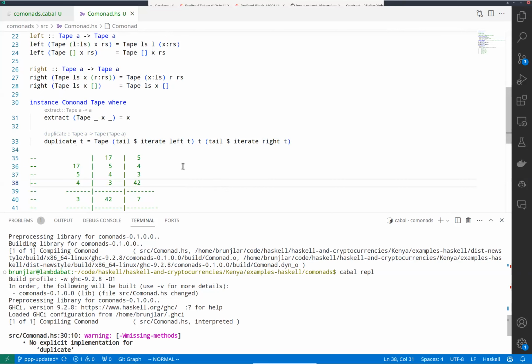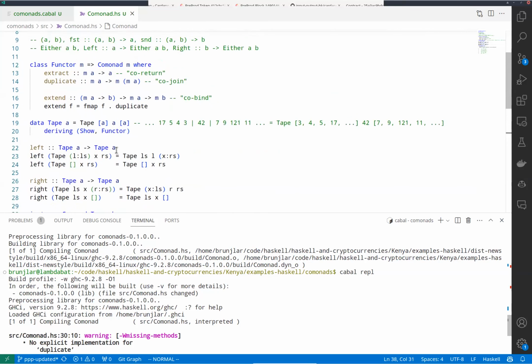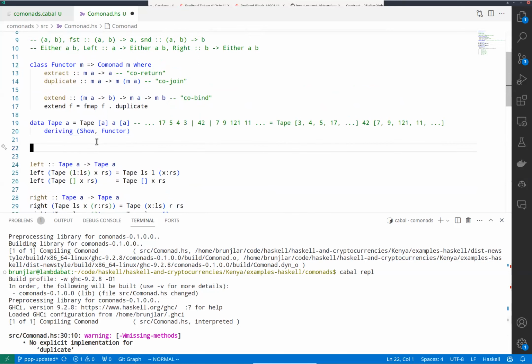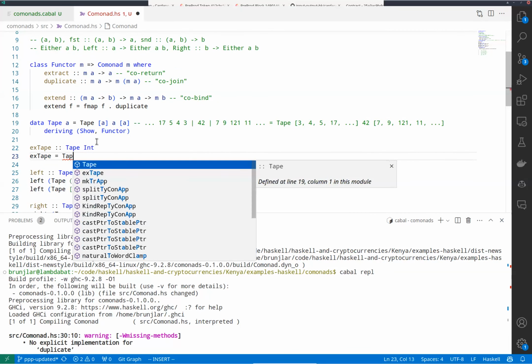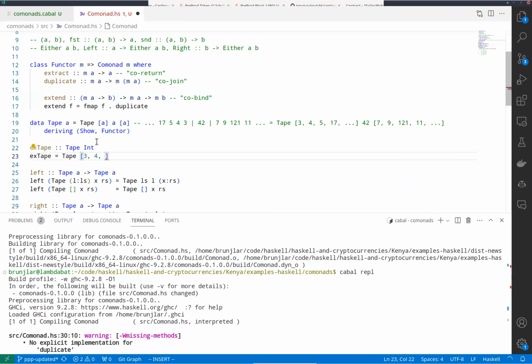So if I did have the show instance, so if I have my example tape, the tape int, so example tape would be tape by 3, 4, 5, 17, like this.